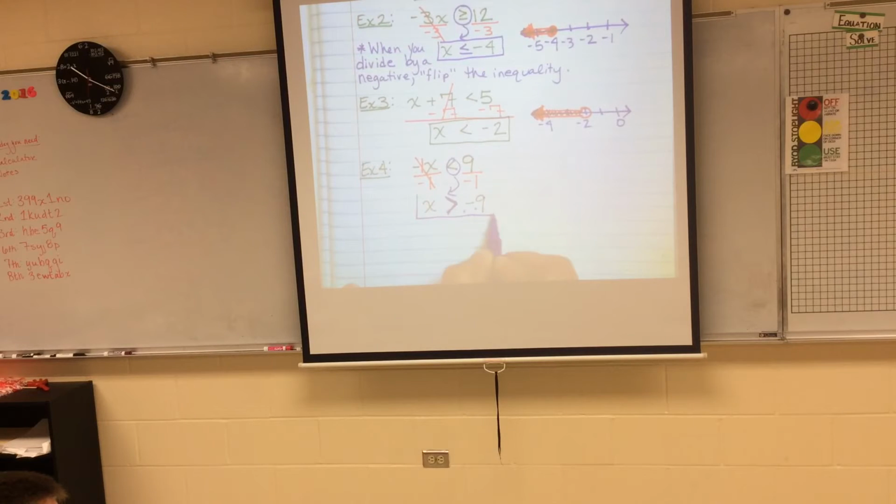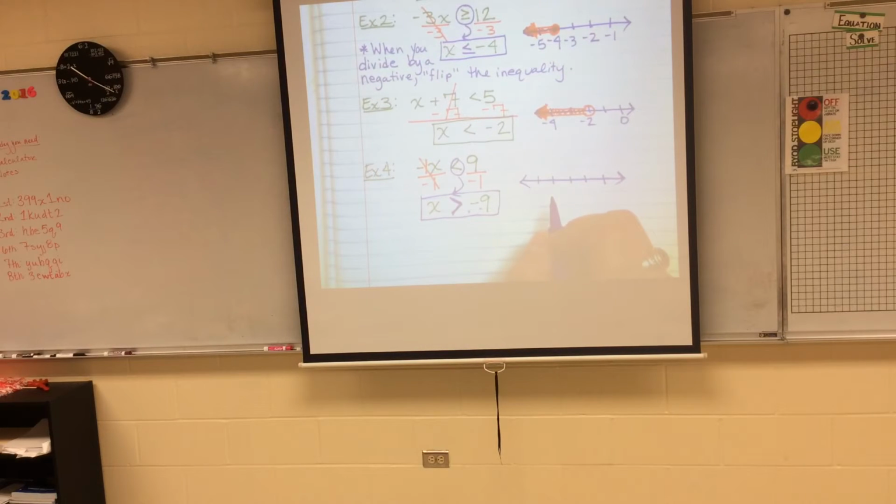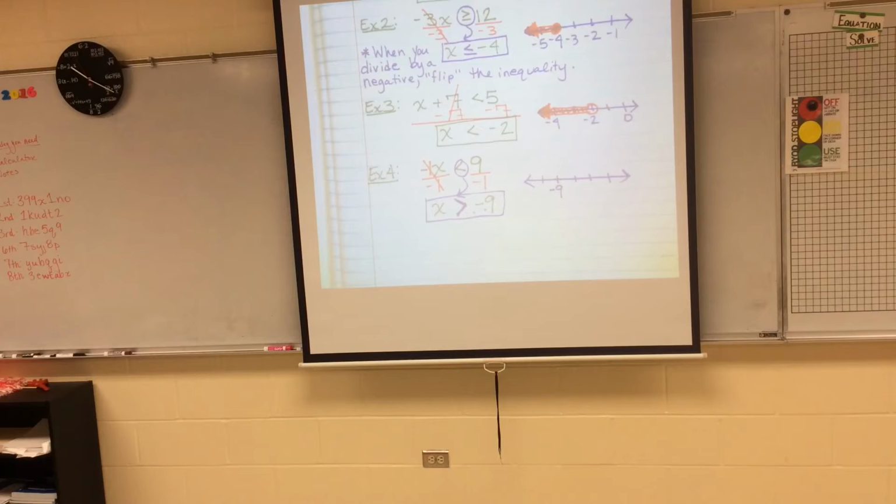So I've got x is greater than -9, so I'm going to draw my line. So where should I put -9? In the middle, to the left, to the right. Where do y'all want -9? Left.